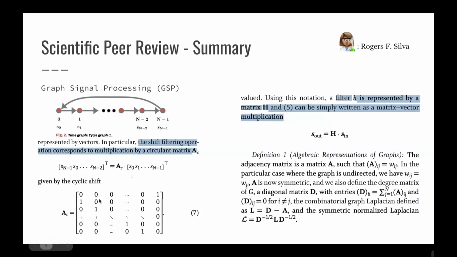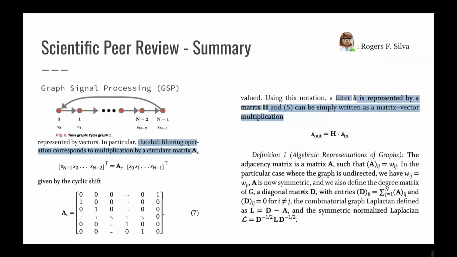And you can obtain that by a matrix vector multiplication of the signal by this particular matrix that represents the graph. And then the notion is that with any filter, you could represent any filter by a matrix vector multiplication, not just these types of filter.